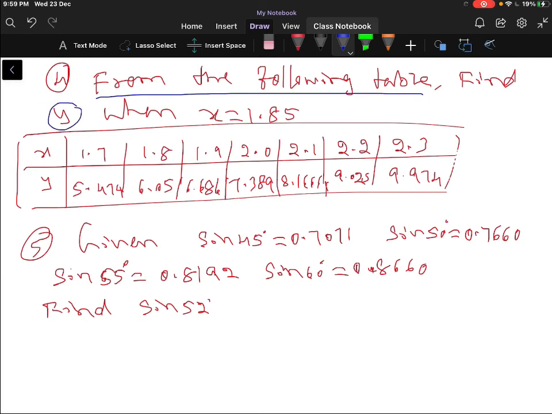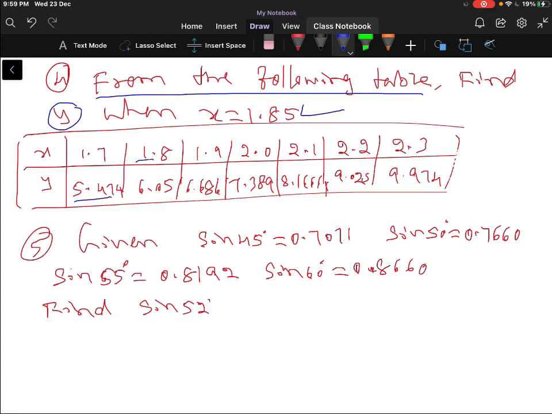Similarly, we can solve another problem. From the following table, find the value of y when x is equal to 1.85. The data points are given in the table.